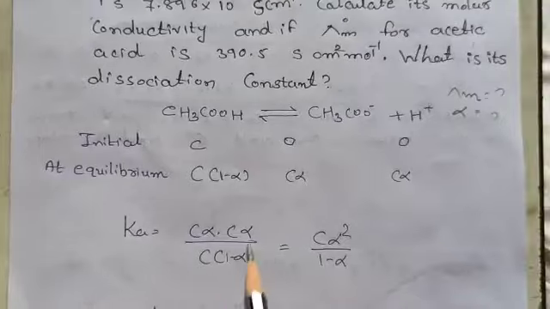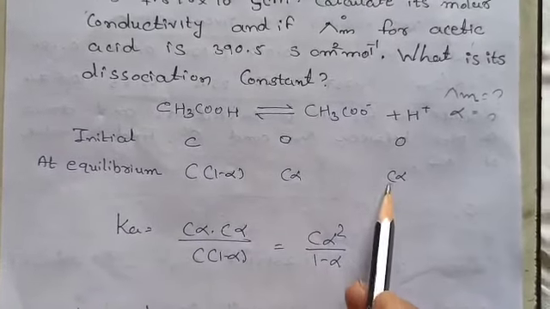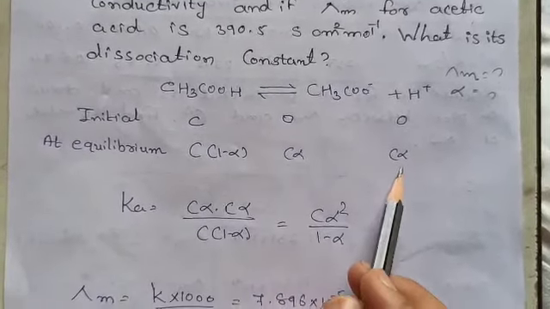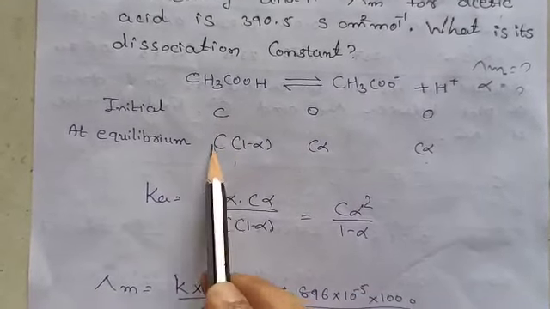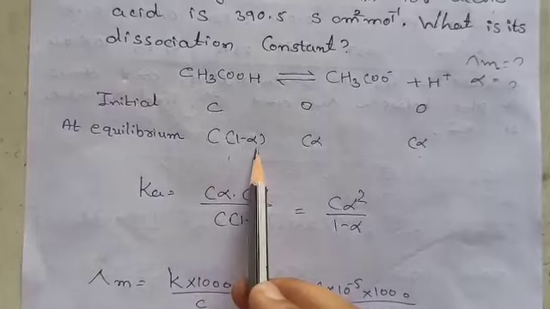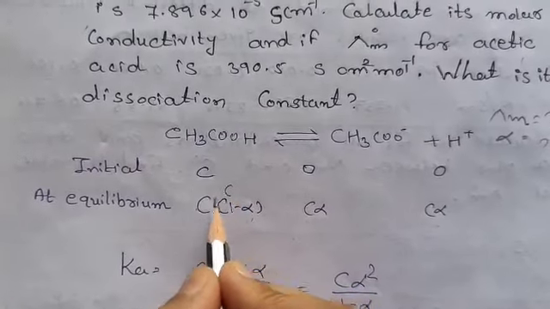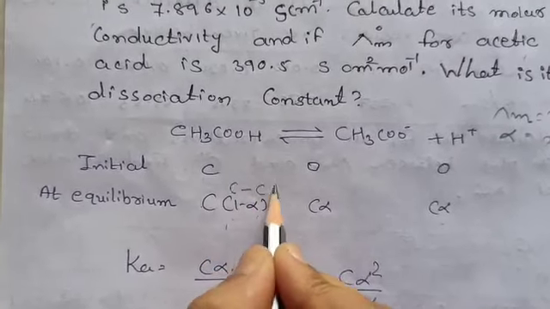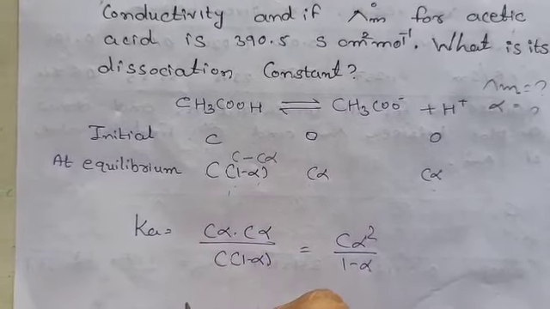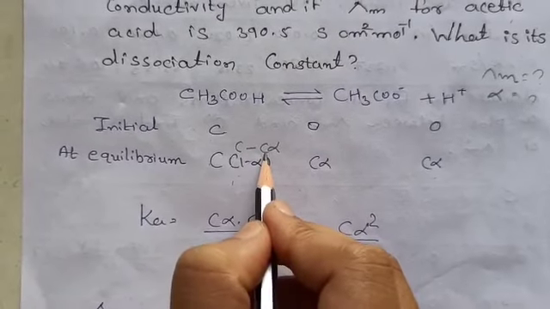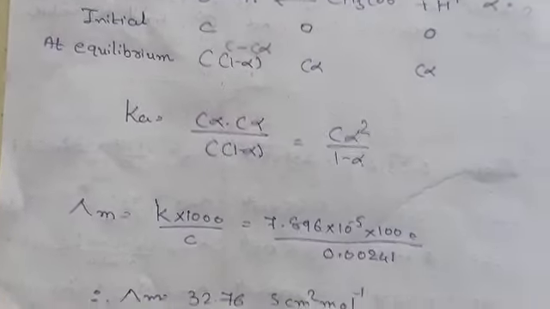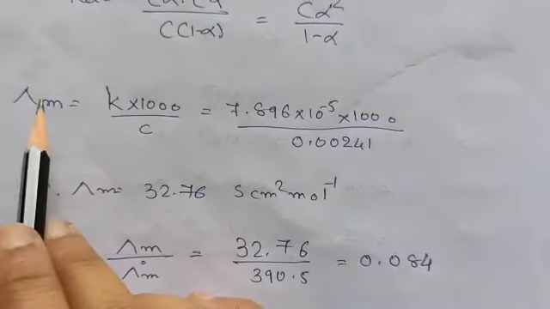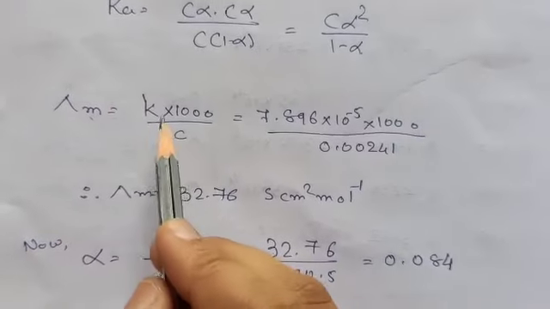At equilibrium, C alpha concentration of ions will be produced. So the concentration of acetic acid will be C(1 minus alpha), because here the concentration is C and the ions produce C alpha, so subtract this concentration and you will get C(1 minus alpha).